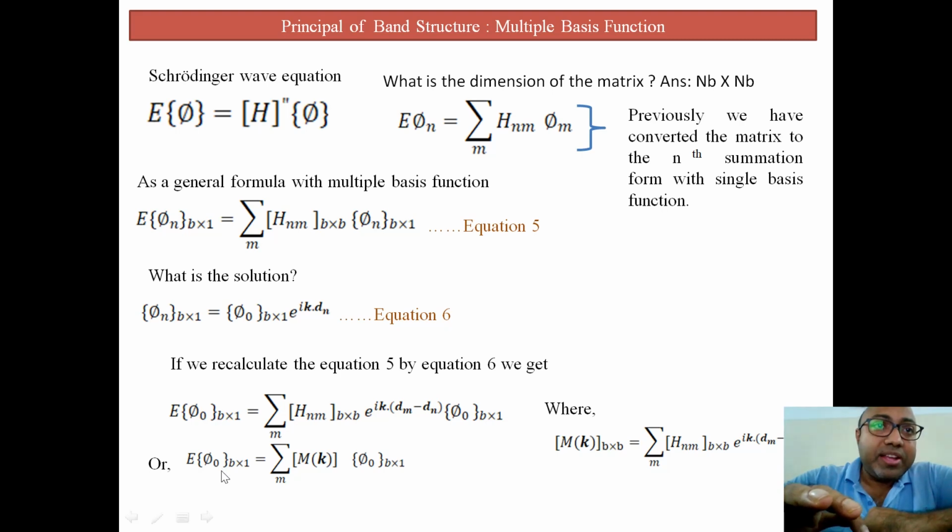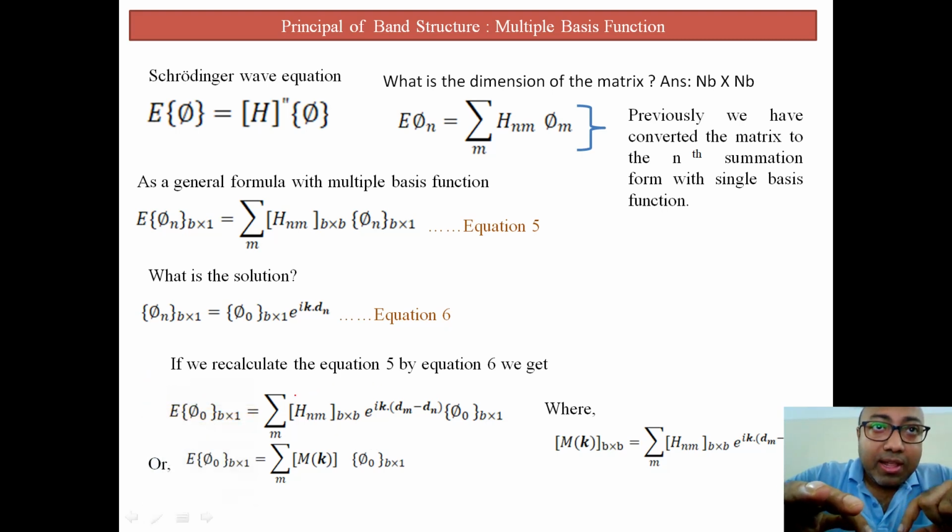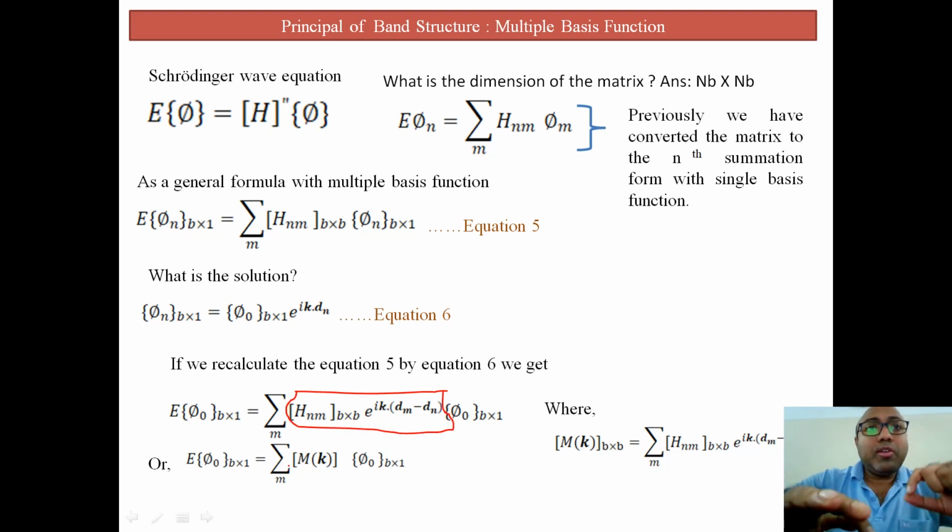Now you see E phi 0 b cross n, mk phi 0 b cross n 1. Now what is mk? One minute. mk is this one, up to this one. So mk is actually what I have represented here.